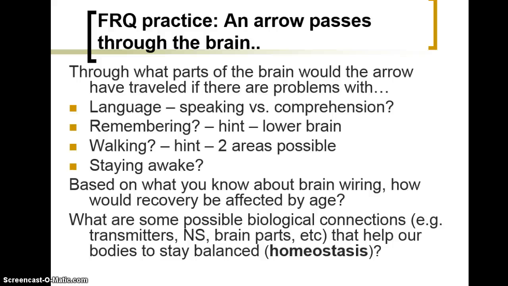So again, are there transmitters or man-made chemicals that counteract each other, like curare, for instance? Are there parts of the nervous system, like parasympathetic versus sympathetic, that help us maintain homeostasis? That sort of thing. So those are good to review. Know your brain. That's it.